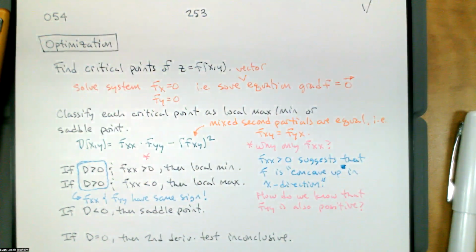Because D ends up being positive, and this is after we subtracted something that is most definitely positive, fxy being squared, we're subtracting some positive amount from the product fxx times fyy. That means we must have started positive.